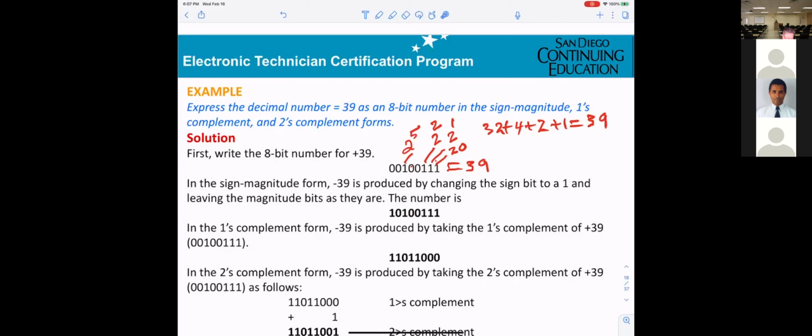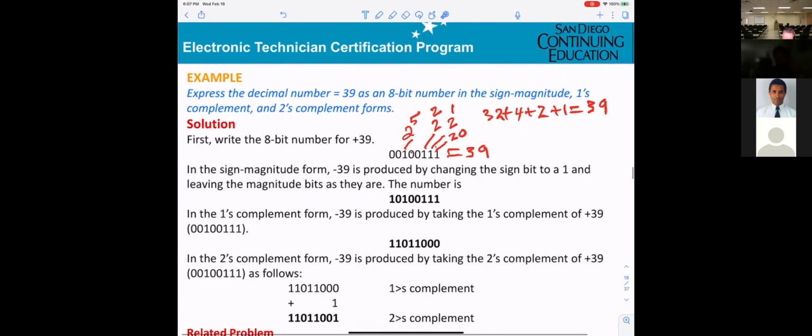In the second complement, minus 39 is produced by taking the second complement of 39. You understand second complement? You take the first complement, you add 1, you get the second complement. That's it.